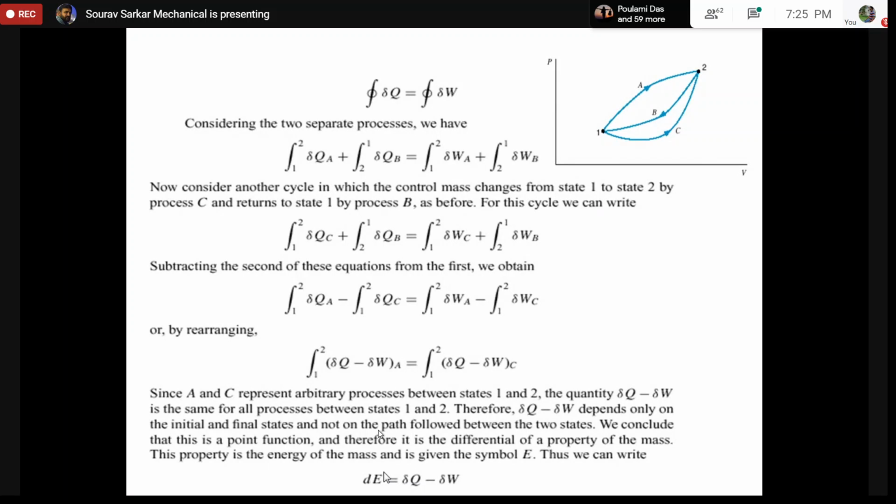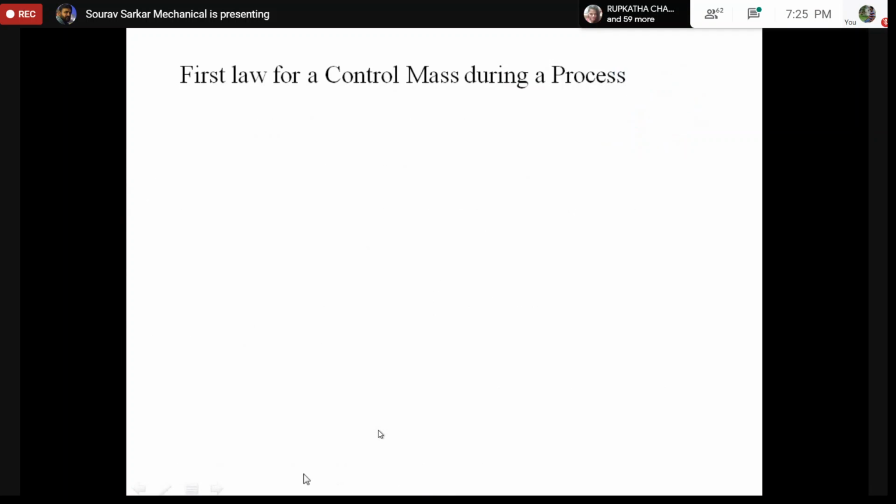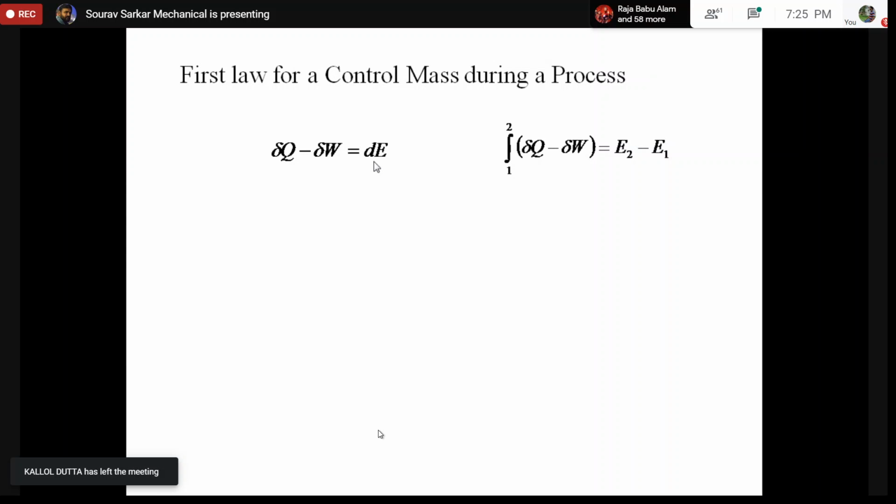Okay. So what is the meaning of that? If we follow the last line, if I keep dq on the right side and take dw to the left side, this will become dq minus dw equal to dE. So finally I can integrate this. If I integrate dq minus dw, it will give me E2 minus E1.